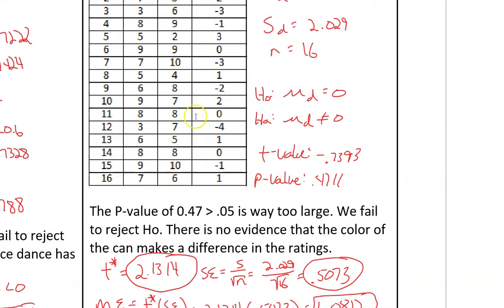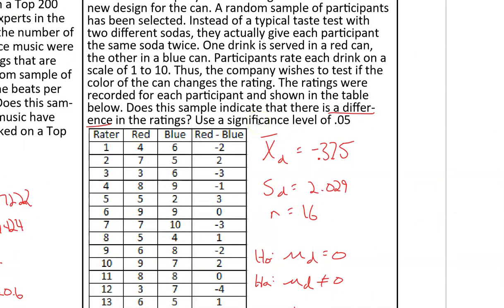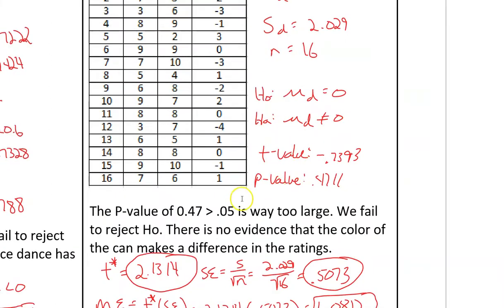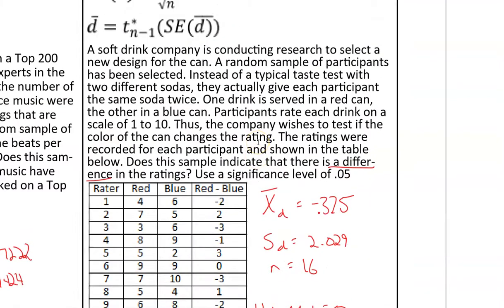What if there was convincing evidence and one of the cans was better than the other? Well, that would be a type 2 error, right? A type 2 error is we failed to prove it, but we were wrong. The consequence would be we failed to find that there's an actual difference, and there is, so we failed to take advantage of that and pick the better can, right? What would a type 1 error be in this situation?